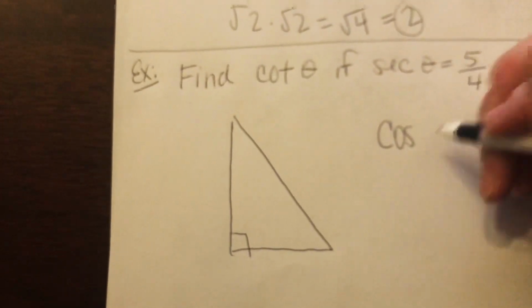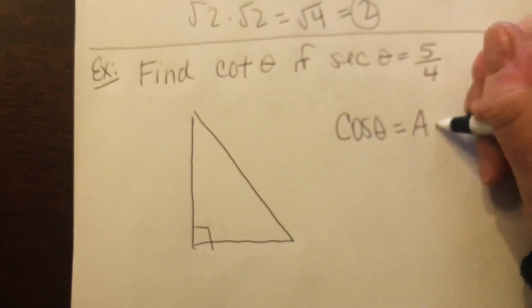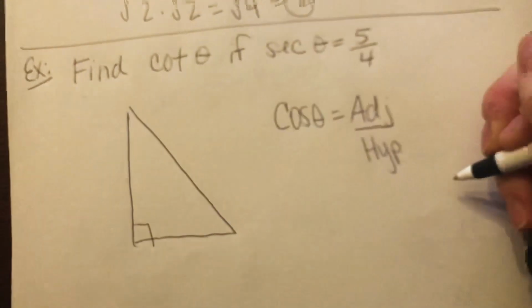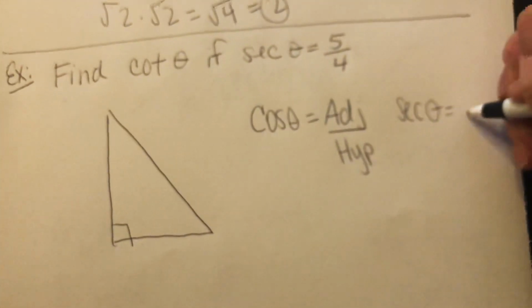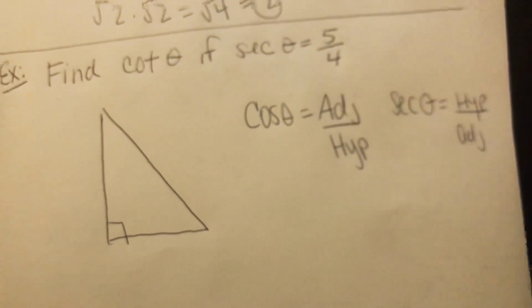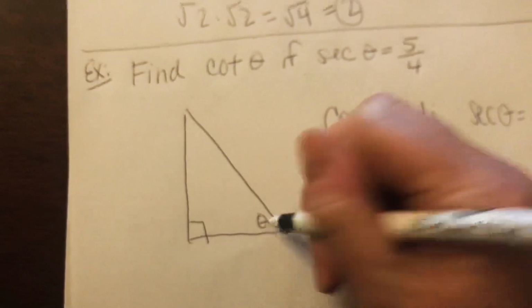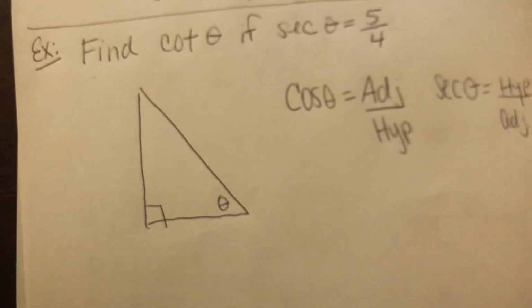So if cosine of theta is adjacent over hypotenuse, secant is going to be the reciprocal, which is hypotenuse over adjacent. So draw yourself a triangle, put an angle in there. It doesn't matter where you put it as long as you follow the right sides correctly.